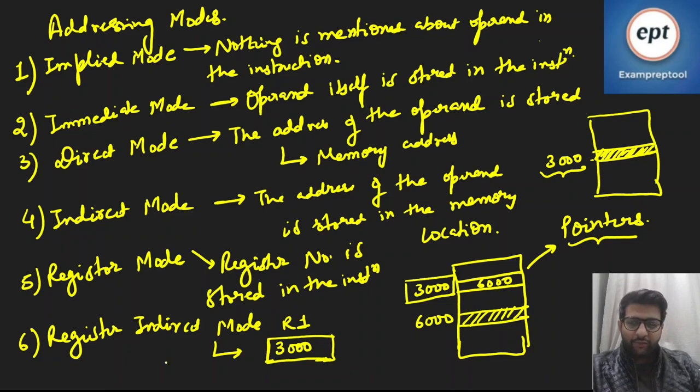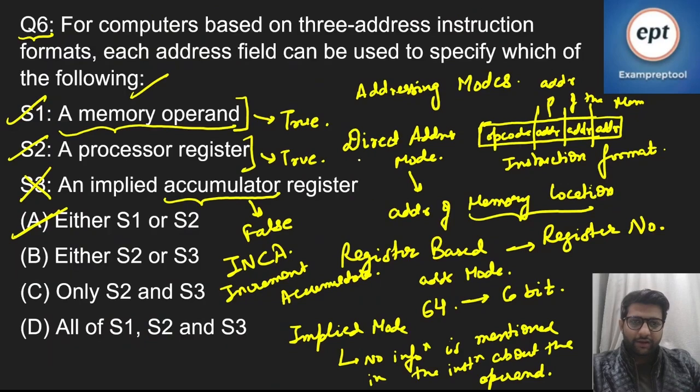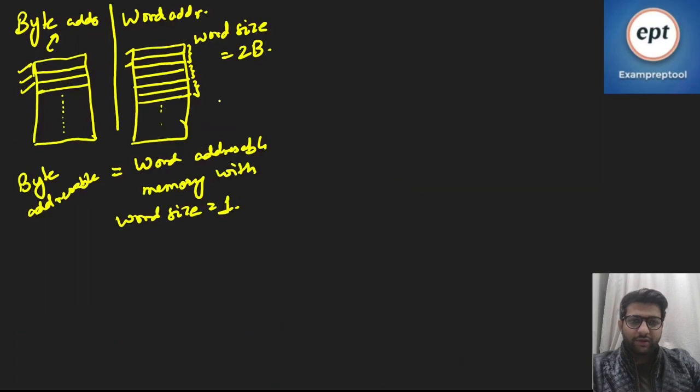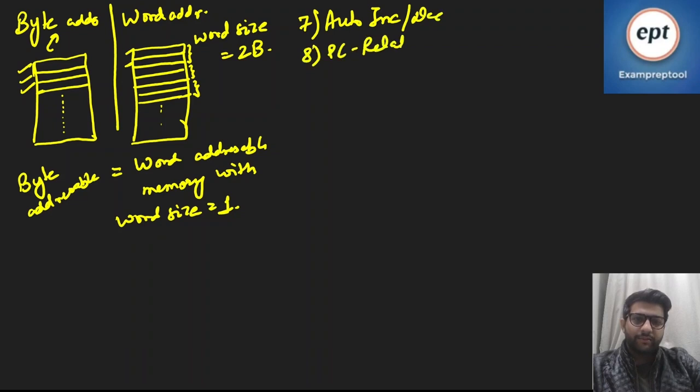So there are more addressing modes like auto increment decrement, PC relative mode, base register mode.